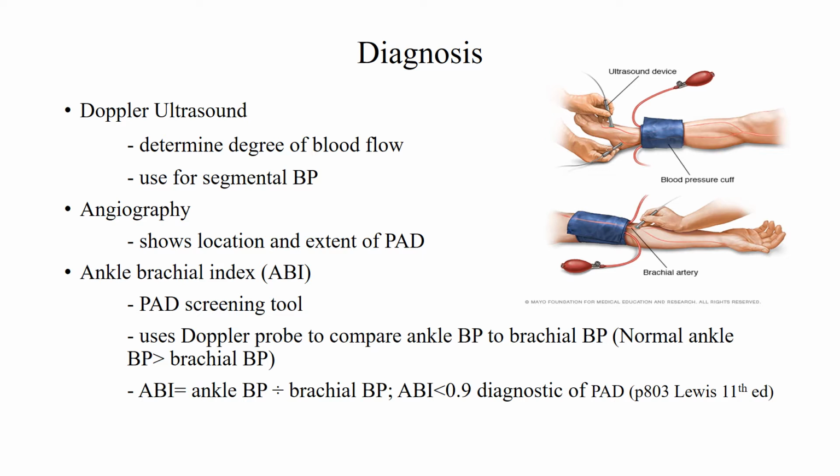They calculate it using a formula. So the ankle brachial index is equal to the ankle blood pressure divided by the brachial blood pressure. So a result of 0.9 or less than 0.9 is diagnostic of peripheral artery disease.